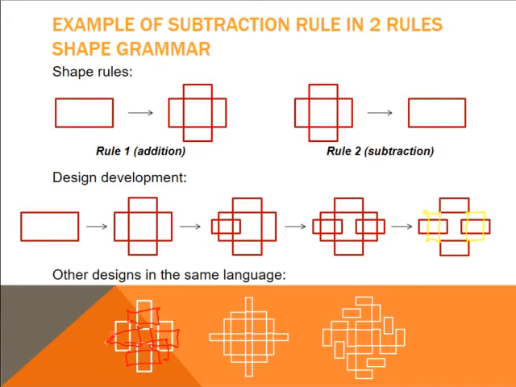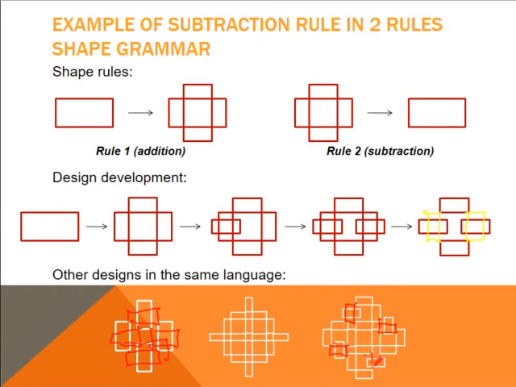Okay, and then in a different design, you subtracted a different part. You can subtract different parts of the shape, so it becomes like this, and this one also the same. So originally like this, you're gonna have this shape here and here, right?